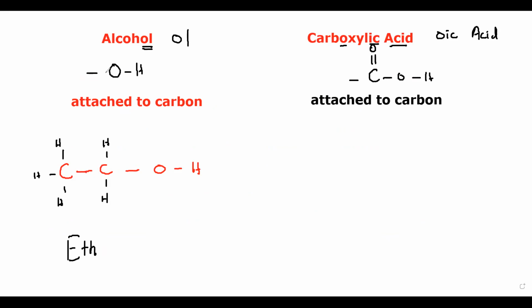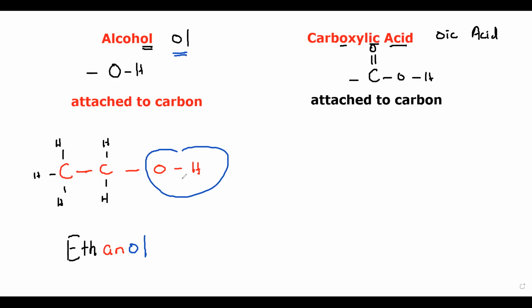So if there is a single bond, we use the term AN. We will not write the complete ANE because alcohol is there, so we just simply write AN. And due to the presence of OH, it should end at OL. So it will become eth, because of 2 carbons, AN because they have a single bond, and OL due to the presence of OH.